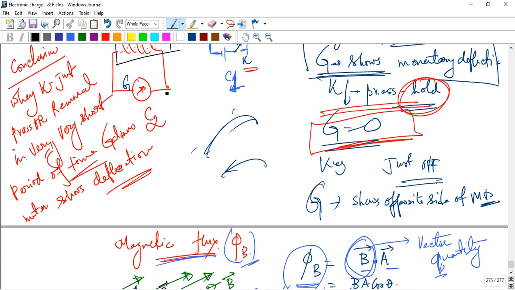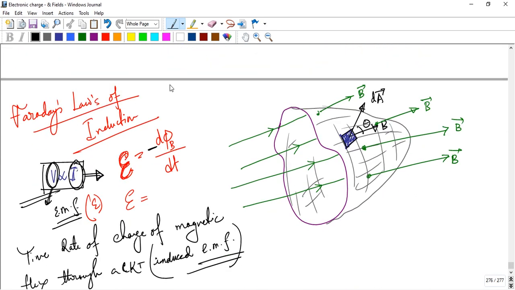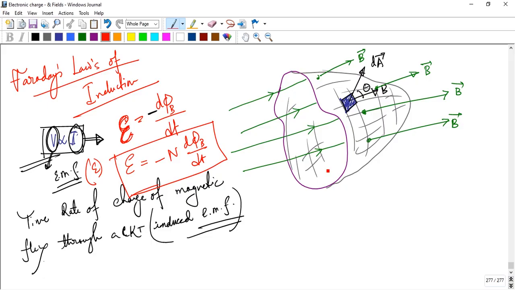The number of turns is important for EMF. If there are more turns, see that in d phi B by dt, it means more number of turns, so more magnetic field is captured inside the solenoid or coil.